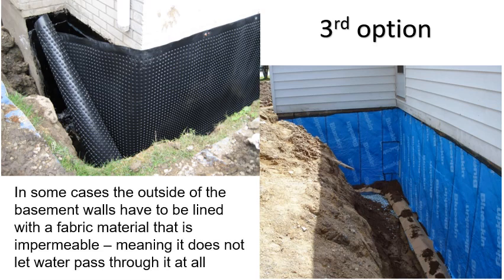They'll line the basement of a house, or the bottom of a house, with a type of fabric, like a tarp, say, that is impermeable, that water cannot get through. This is an expensive proposition. This would have been a lot easier problem to fix when the house was built. So the third option is probably the least attractive, but if you've got a problem, you've got to fix it.